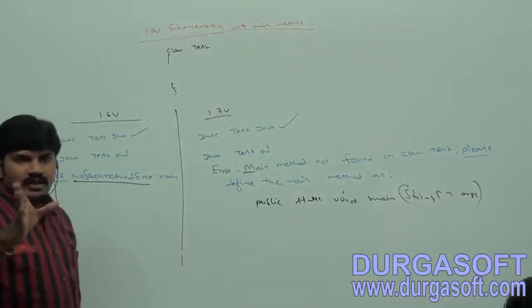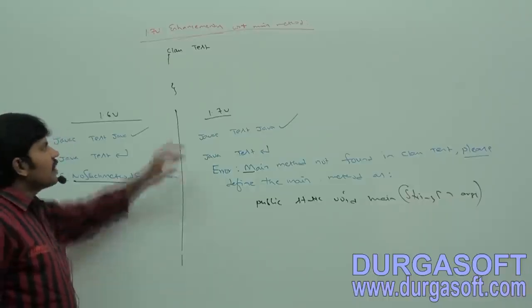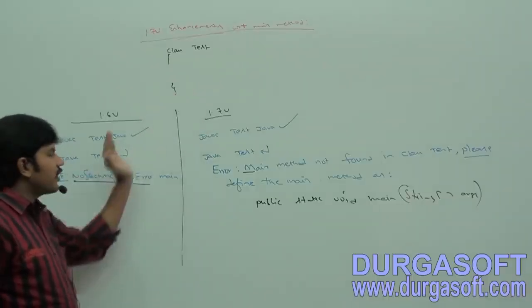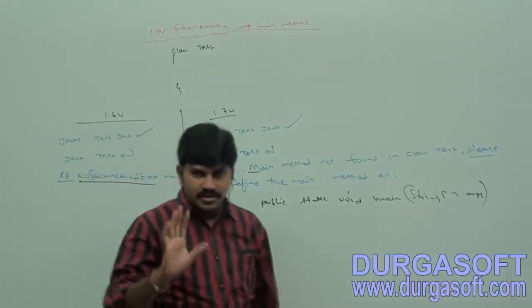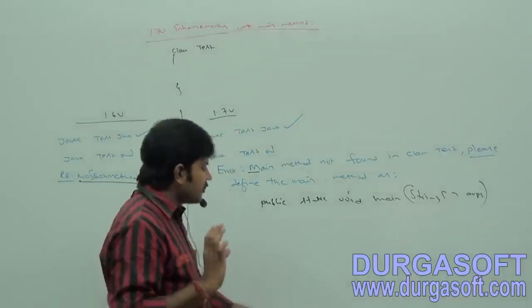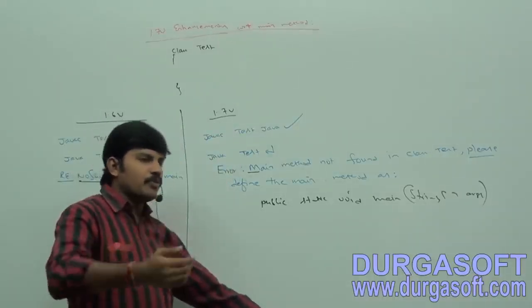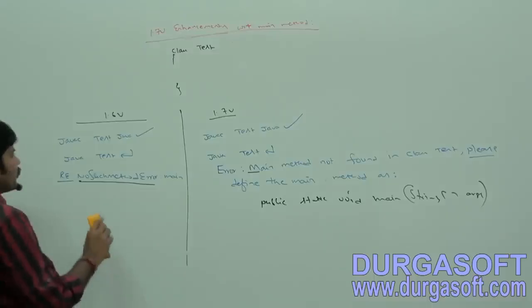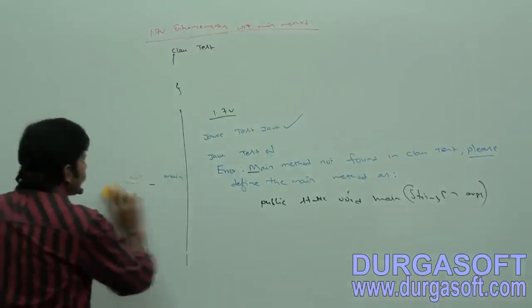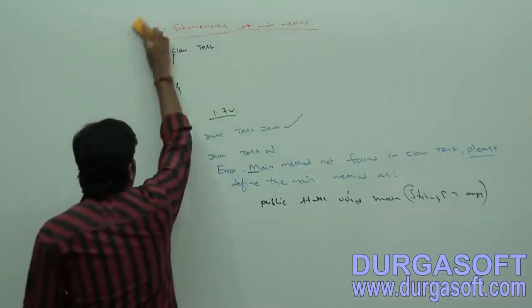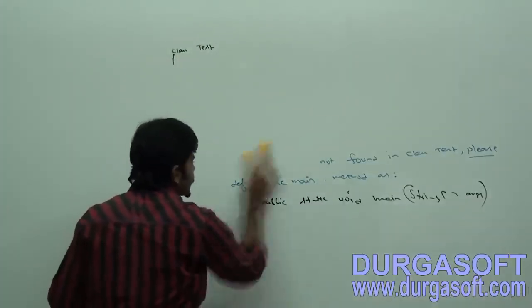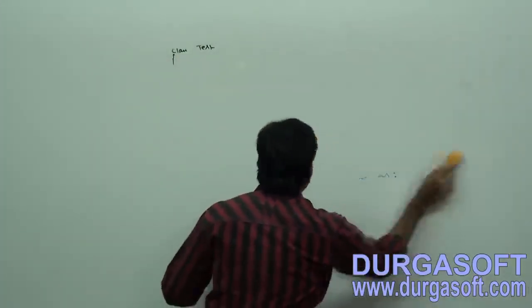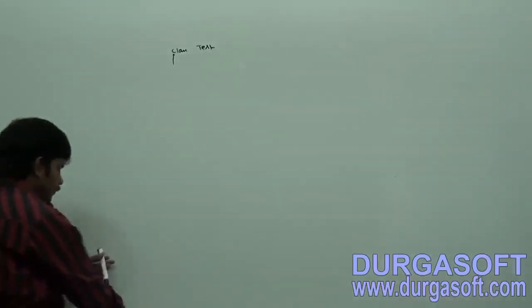So there is some change in the 1.7 version. Are you getting it right? 1.6 version behavior, 1.7 version behavior, there is a small change. Now next one, let me go for one more example and one more conclusion. Here I am taking the same class Test.